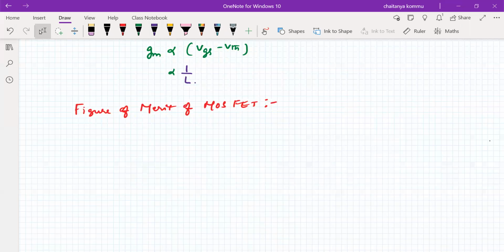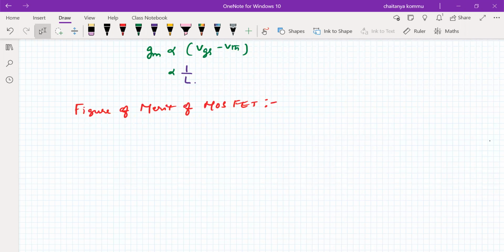The switching speed of a transistor does not depend only on gm; it also depends on the gate to channel capacitance. So far we thought that gm was the only parameter with which we can increase the fastness of the device.